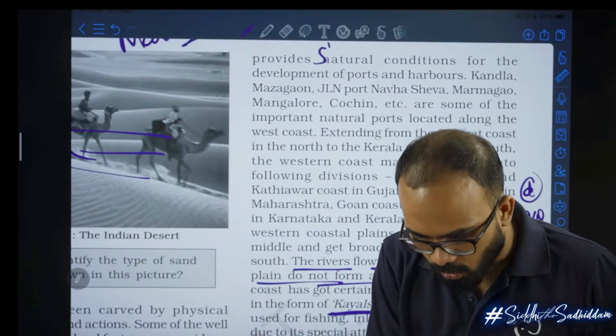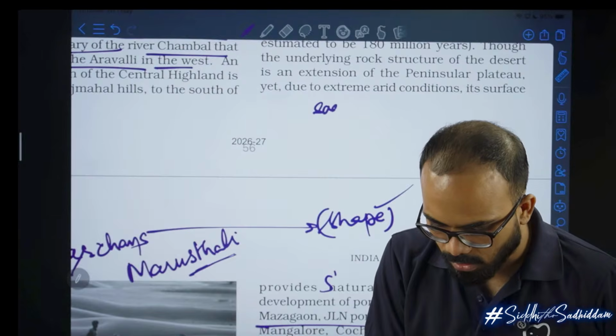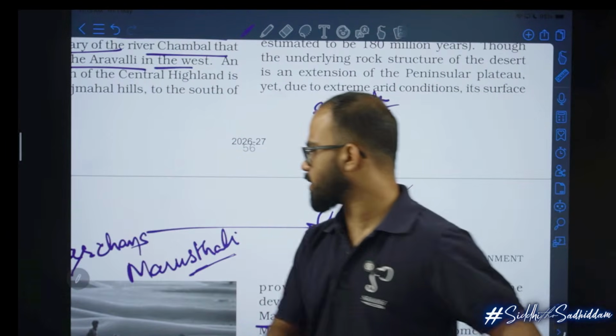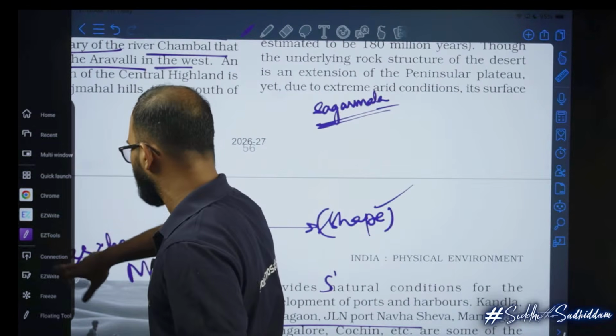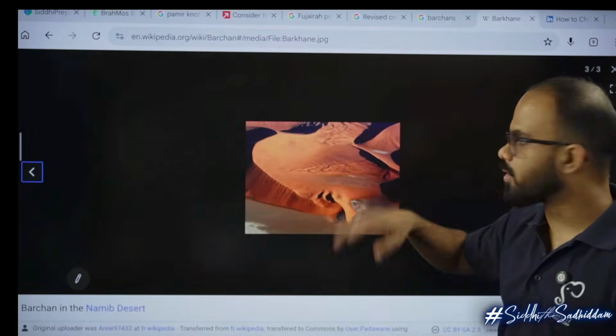Then the ports that are there. See, as far as ports are concerned, there is a project called Sagarmala project that is going on. Right, there is a Sagarmala project that is in the news. Let me show you the map that is related to it. We'll cover Sagarmala also here itself.